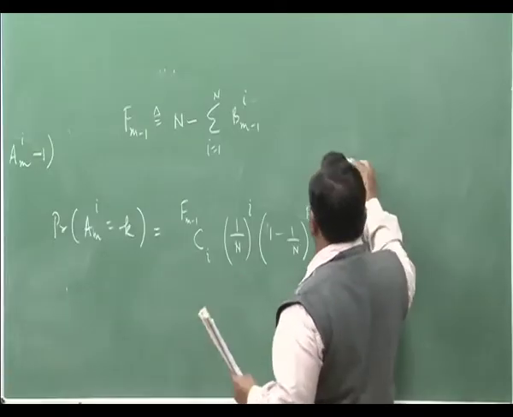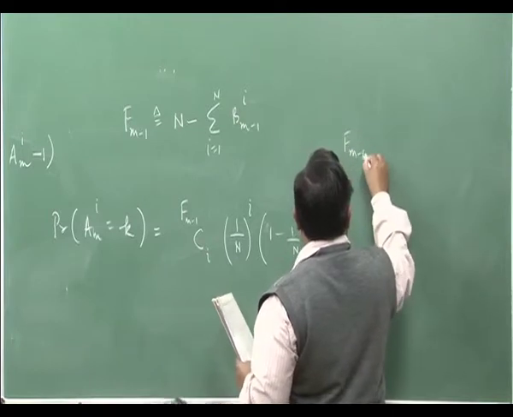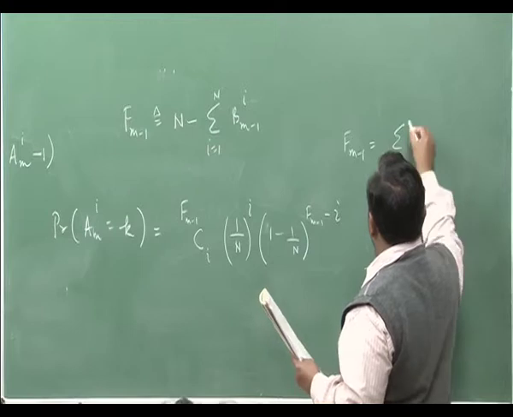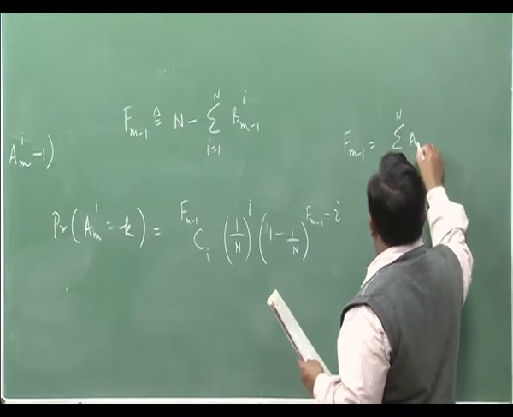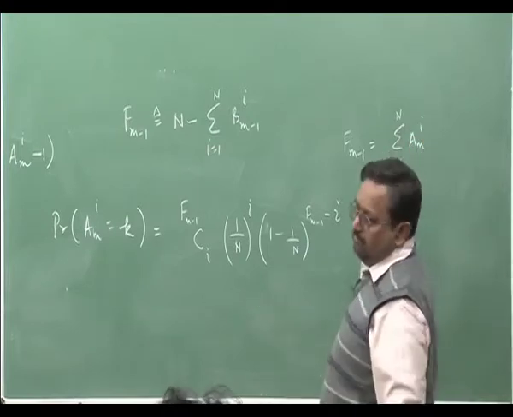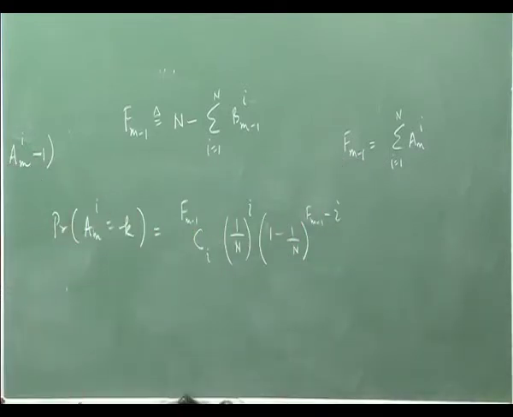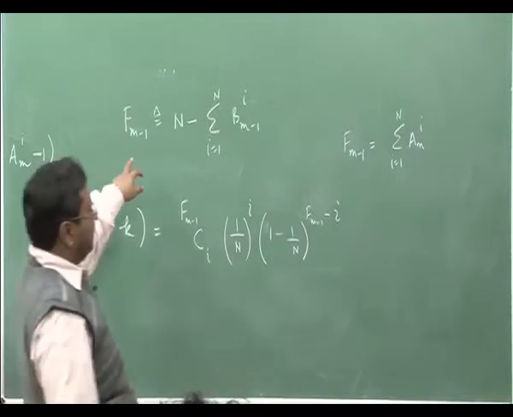Then of course, FM minus 1 should be equal to the number of new arrivals, that's where the new packets will come. So these two conditions should always be satisfied.